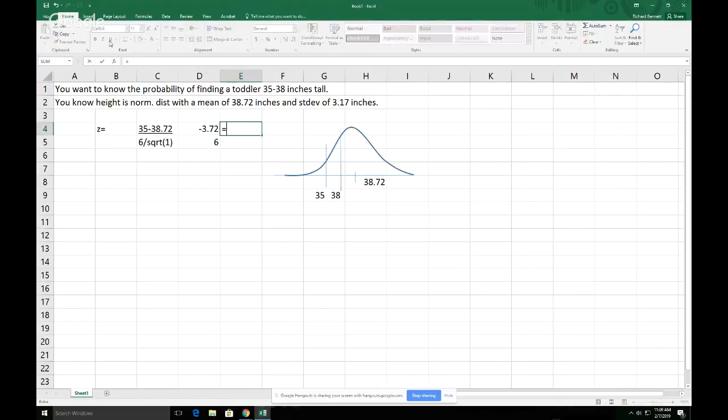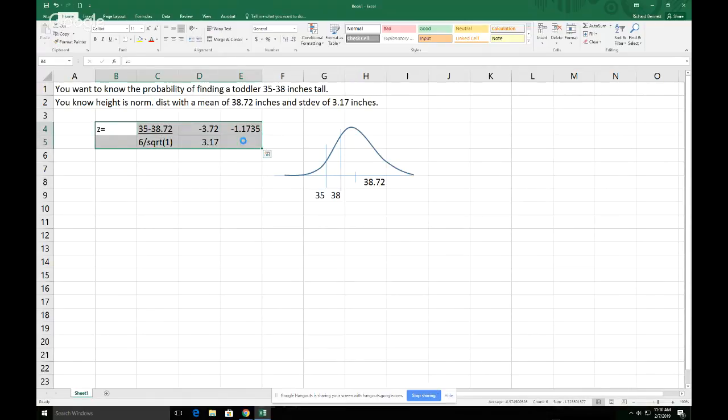If you take this number divided by that number, you get negative 0.62. Then we're going to do the same thing here. You're supposed to divide by 3.17. Oh, I got my problems mixed up. There we go, that's better.